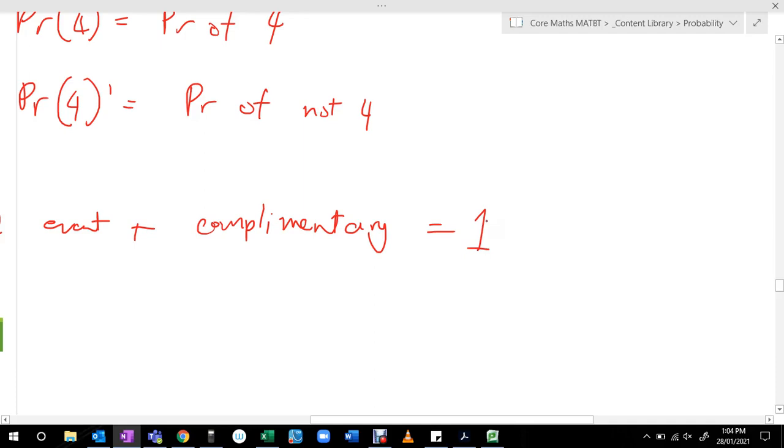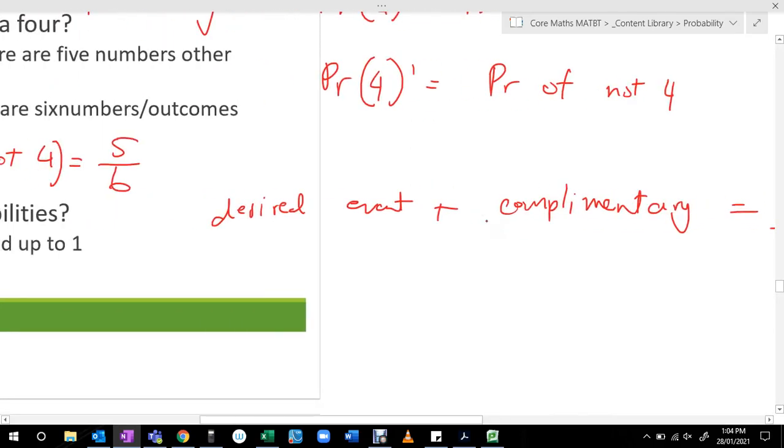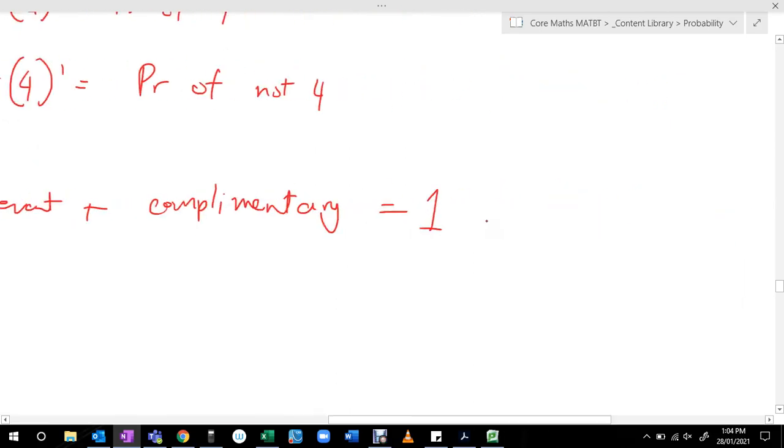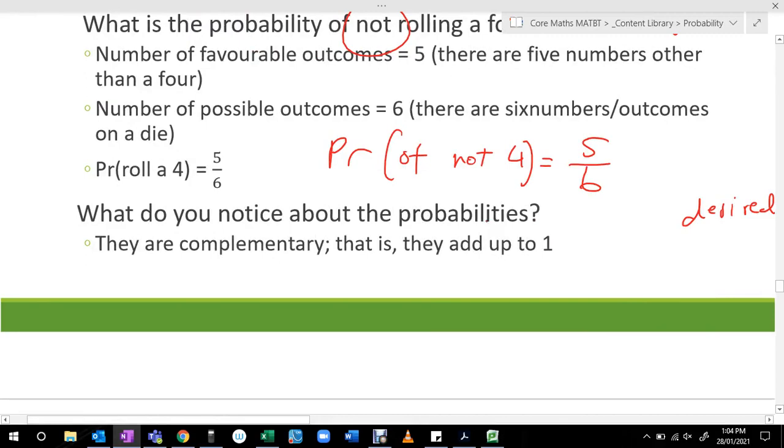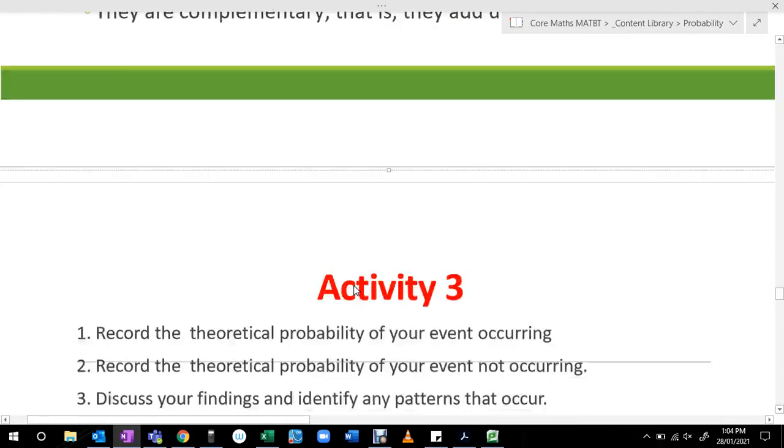Because if you think about it, if you have all of the events that you want plus all of the events that you don't want, it makes 100%. That's everything. So just remember that: desired event plus the complementary event, put them together, will always equal 1. All right, let's keep going.